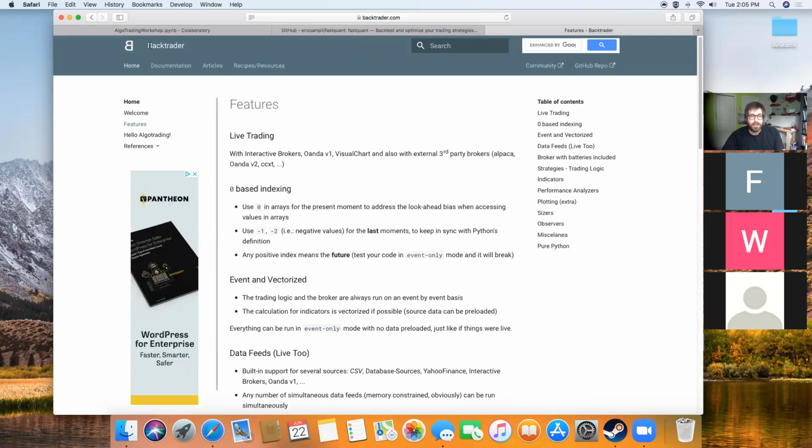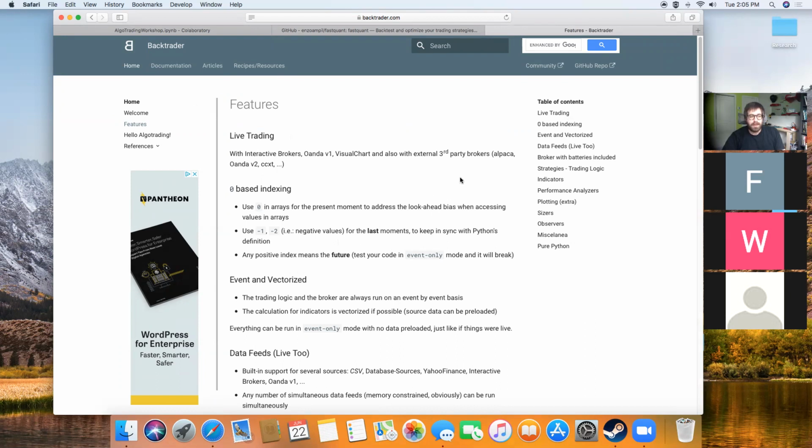So this is the Backtrader library. It's one of the famous backtesting engines. The difference between this and something like Zipline would be that this is a vectorized kind of engine instead of an event-based one.